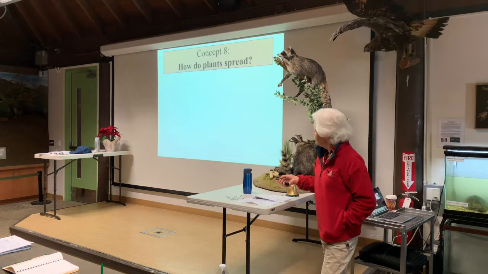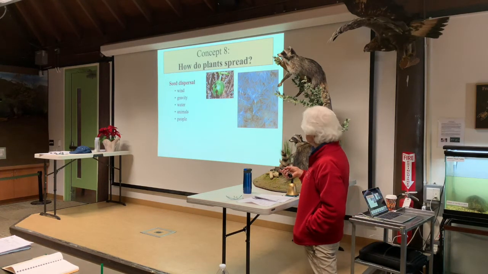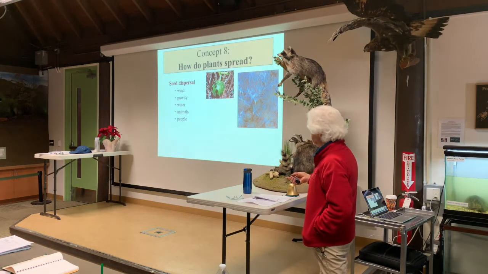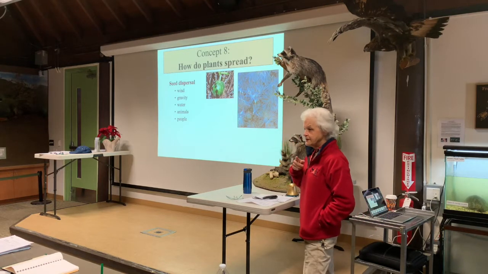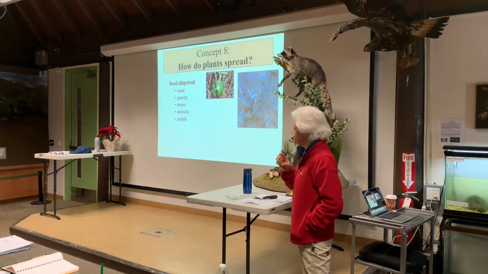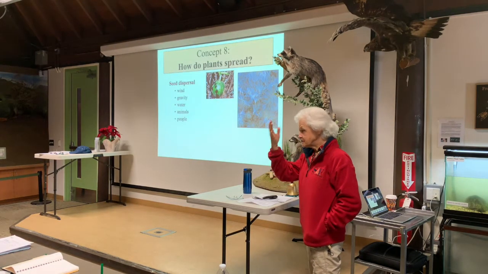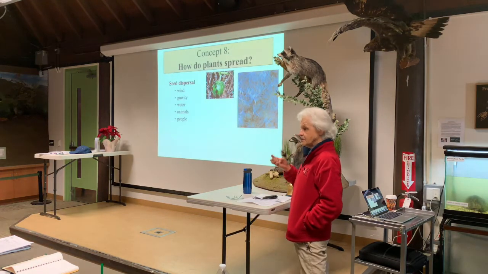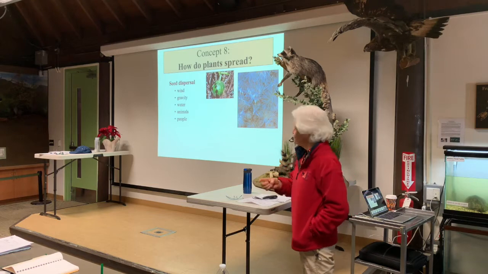How do plants spread? I'll do this quickly. It came up earlier. There's seed dispersal. And how does seed dispersal work? Wind, very important. Gravity, the fruit just falls to the ground. Water, once it's on the ground, the water might transport it.